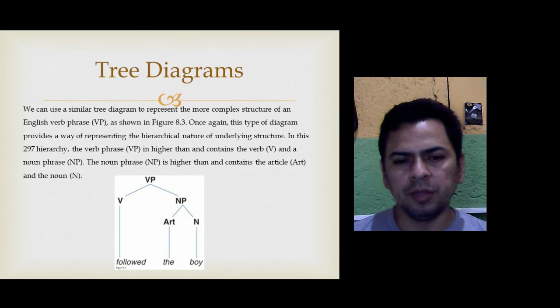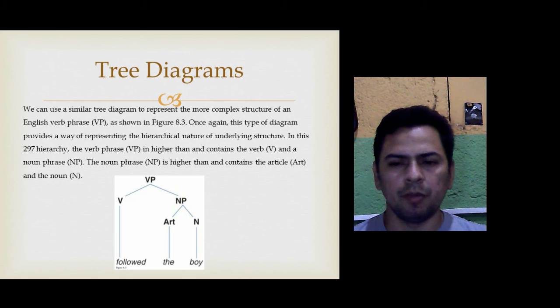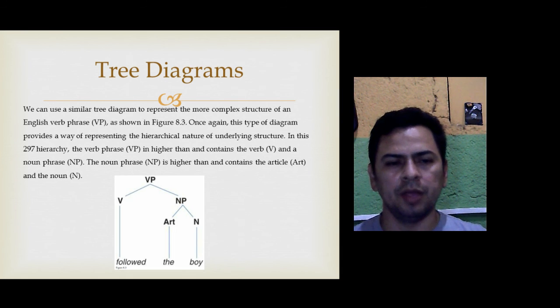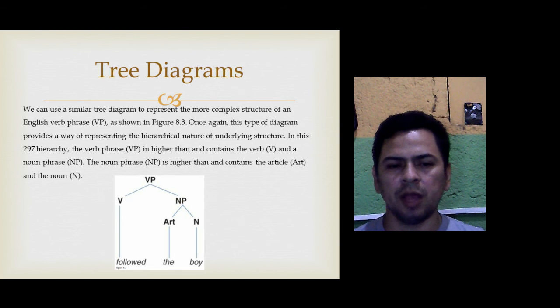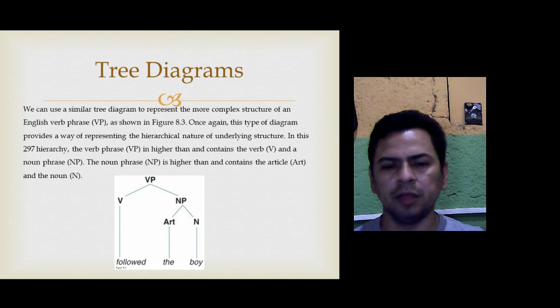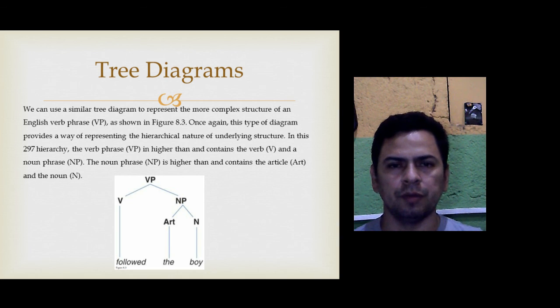We can use a similar tree diagram to represent the more complex structure of an English verb phrase, as shown in figure 8.3. Once again, this style of diagram provides a way of representing the hierarchical nature of the underlying structure.